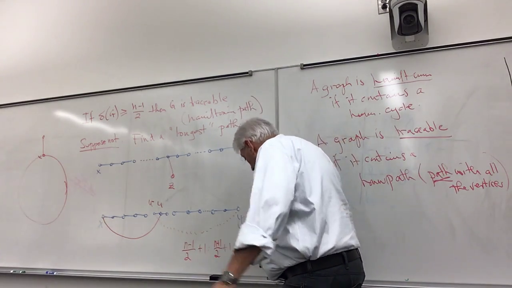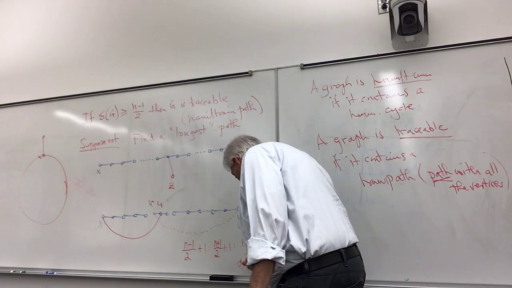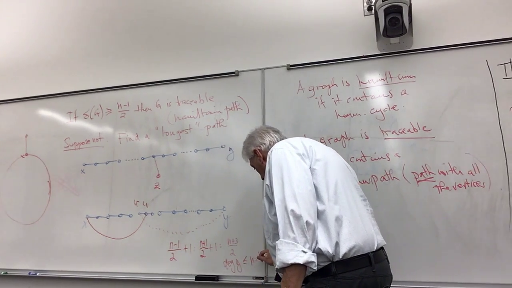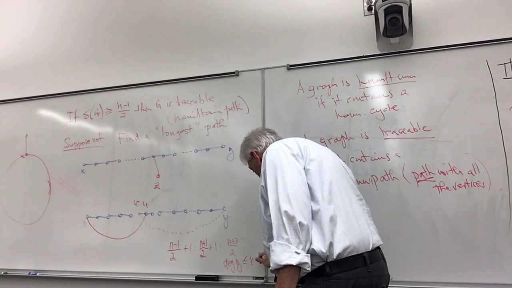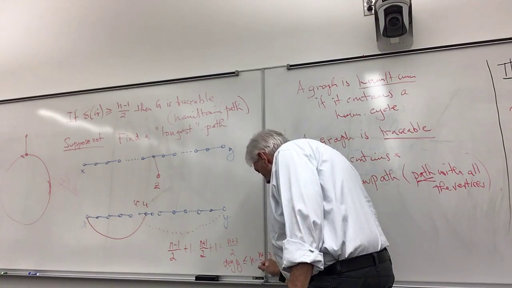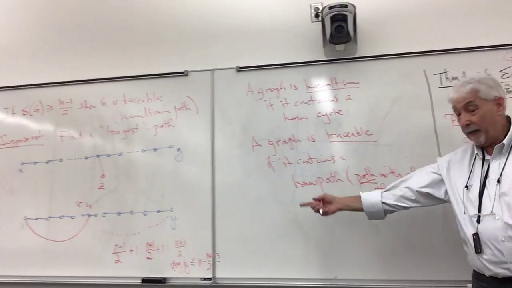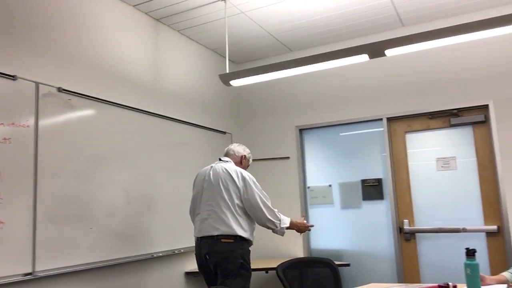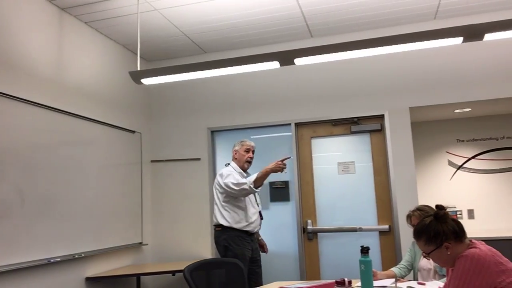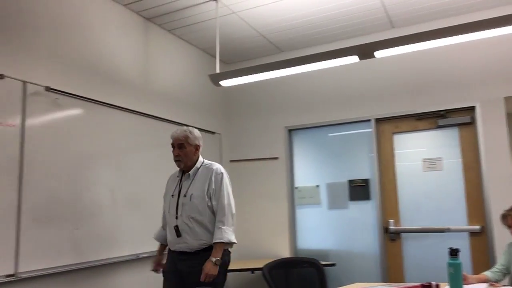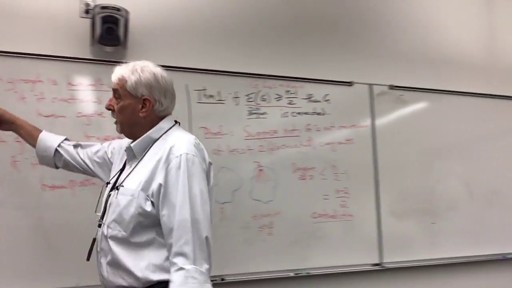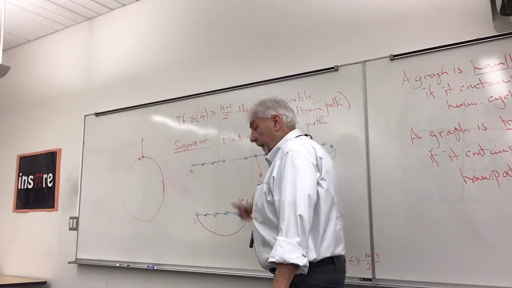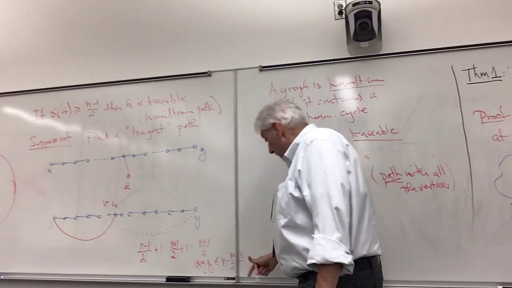So the degree of y would be less than or equal to n minus n plus 3 over 2. And what is n minus n plus 3 over 2? This is algebra now. N minus 3 over 2. But what did we say the degree of every vertex is at least? Okay, but this has n minus 3. So that's a contradiction.